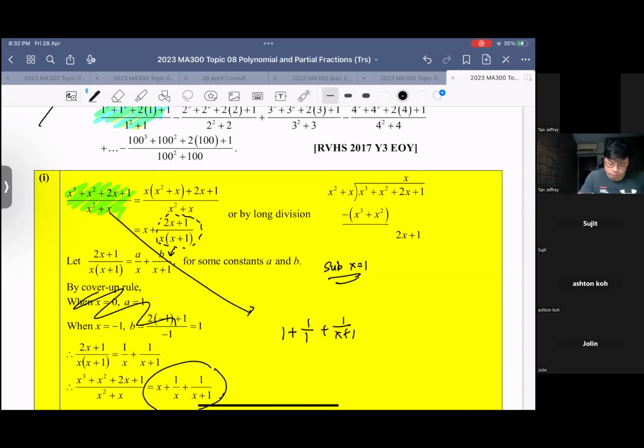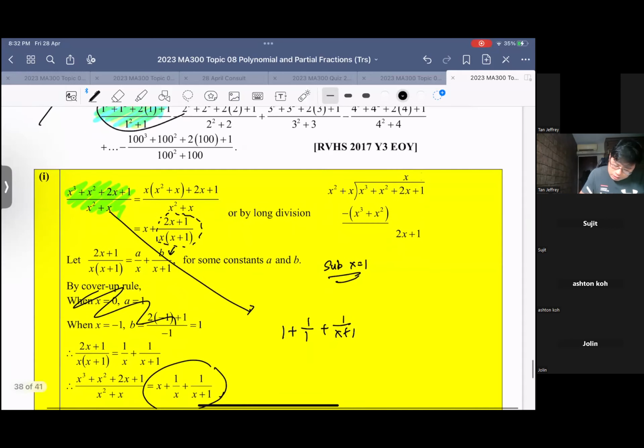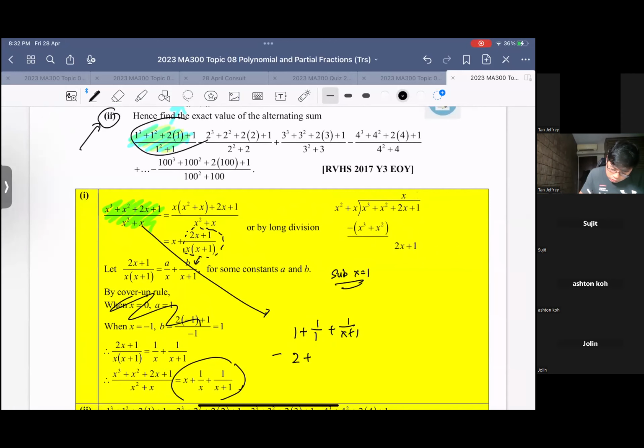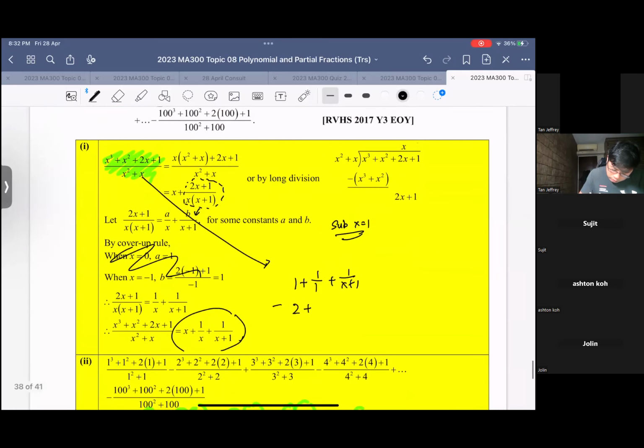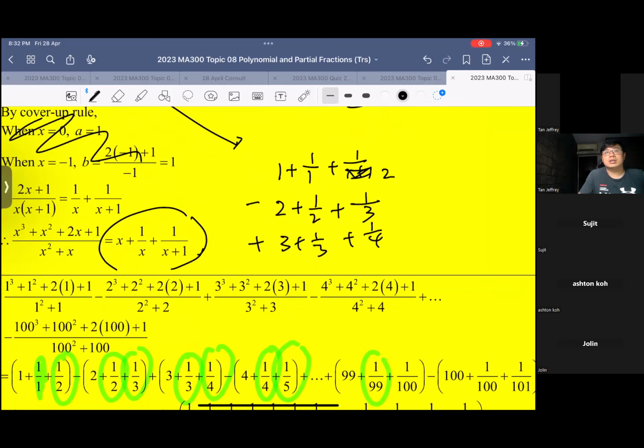So this portion can be written as this minus, then 2 plus 1 over 2 plus 1 over 3, plus 3 plus 1 over 3 plus 1 over 4. So it will look like this. So far okay.